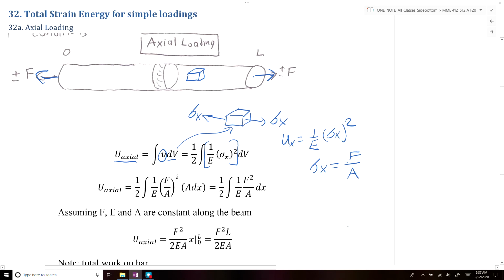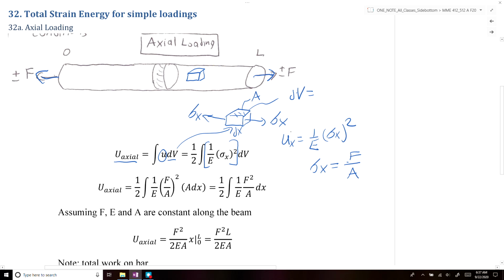And then we know that the volume element, dV, here is just equal to whatever the area is on top times dx. Sorry, this is the volume element.